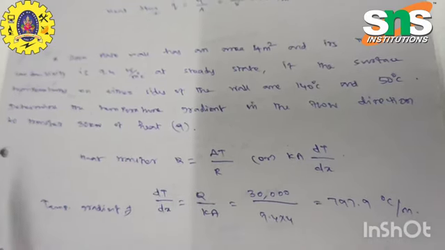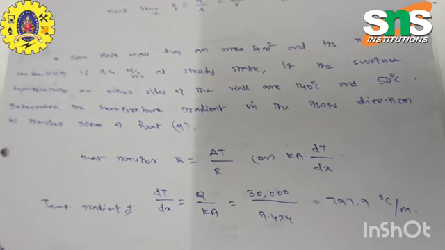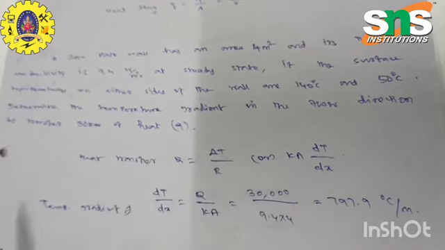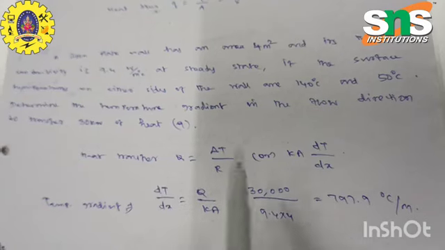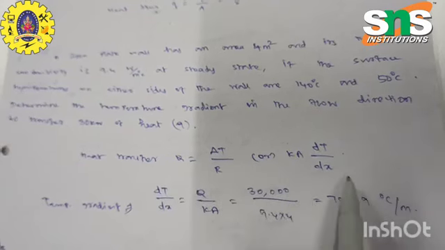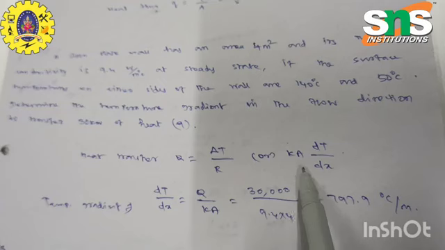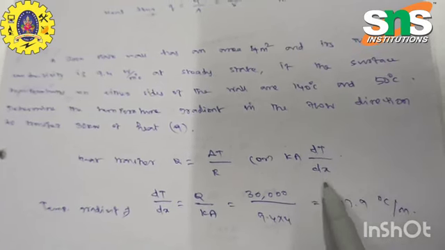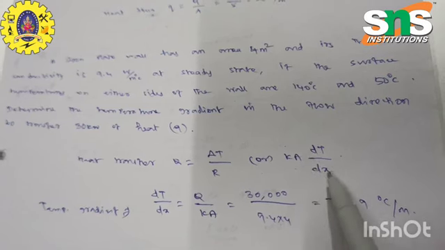To summarize, in this problem we need to find the temperature gradient. For that we use the Fourier equation for heat conduction, Q equal to KA dT by dx, where dT by dx is the temperature gradient.